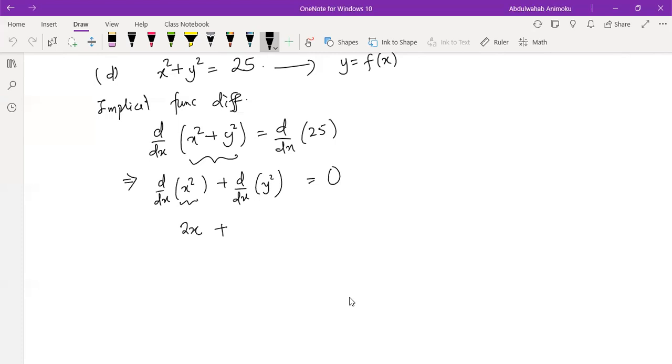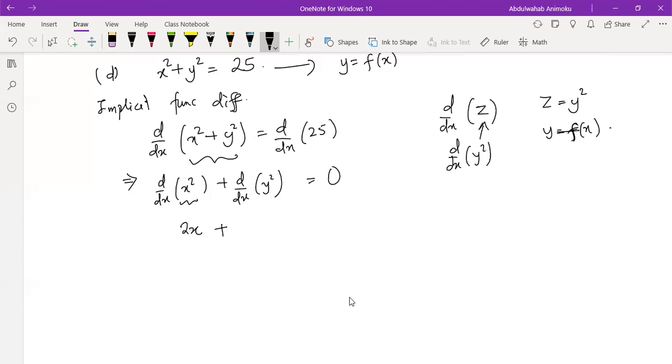So think about it as if I have, let's use another function, let's say z, where z is actually y squared, and y is a function of x. So let's just say y is a function of x, okay? So think about it, this is the same thing as d dx of y squared, right? Okay, so we are just writing it in this form.